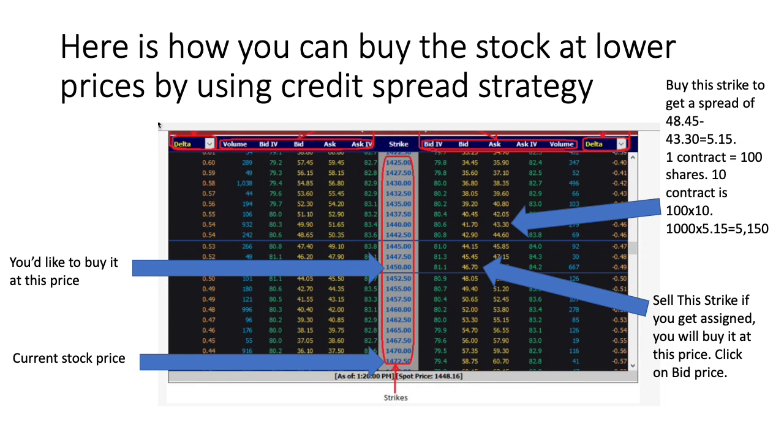You get $5.15. And this may not sound like much at the moment, but one contract equals 100 shares. Sometimes if you want to trade 10 contracts, if you do have enough capital to cover this trade, 100 shares times 10 contracts equals 1,000 times 5.15.